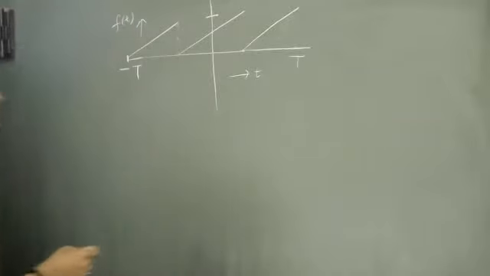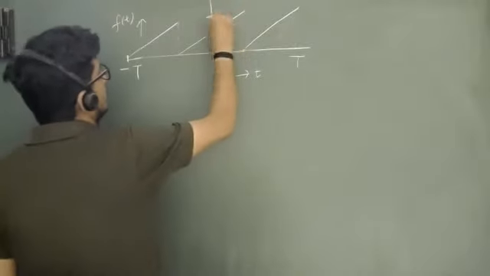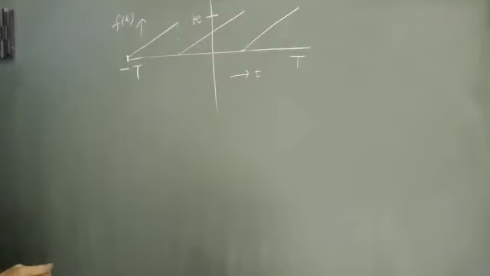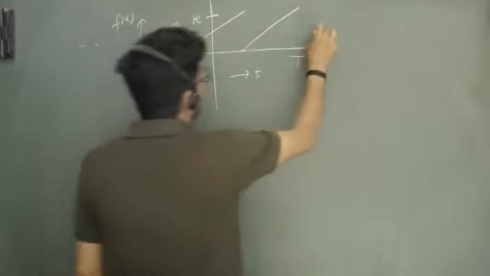So this is the function, and this value is k. So we have to write the Fourier series for this. This is repeated in the space.